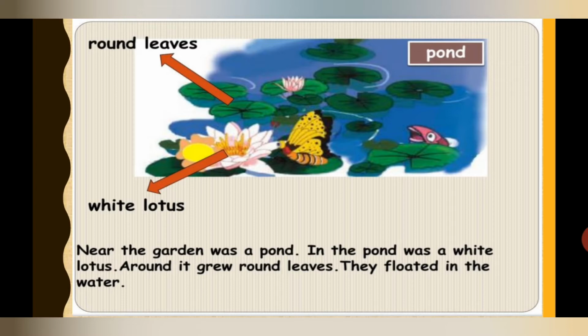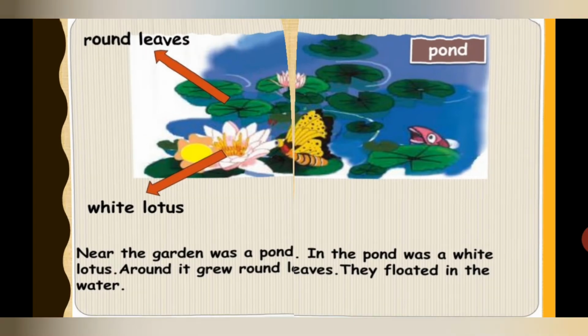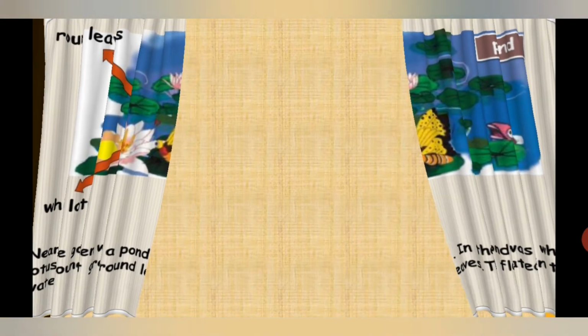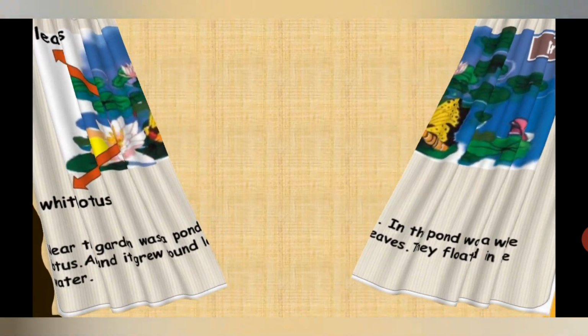And around that lotus there were some round leaves. Those leaves floated in the water. You must have seen the lotus in the water, children, because the lotus floats over the water and it has green round shaped leaves which float on the water. So there was a pond like this in his garden. Then what happened?